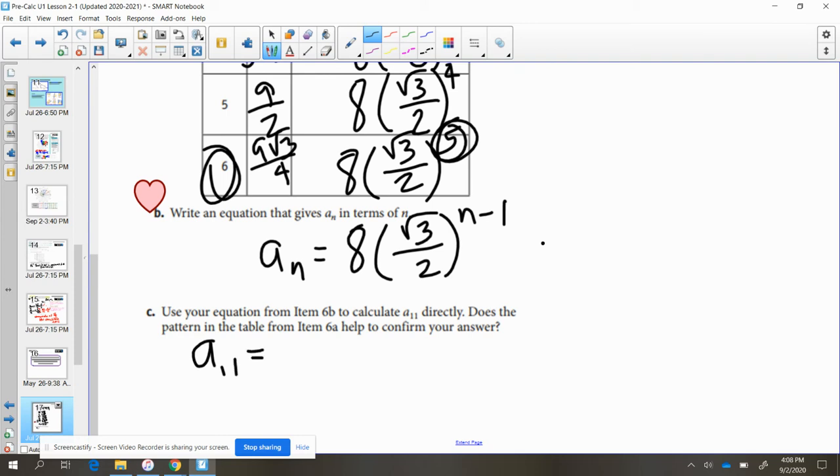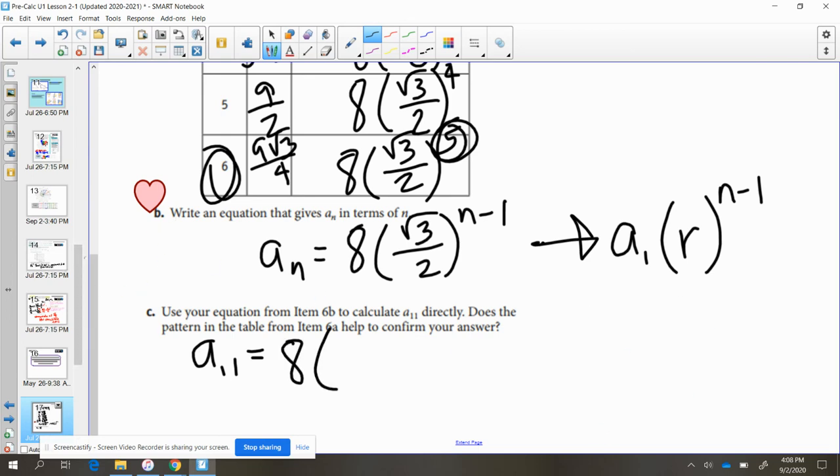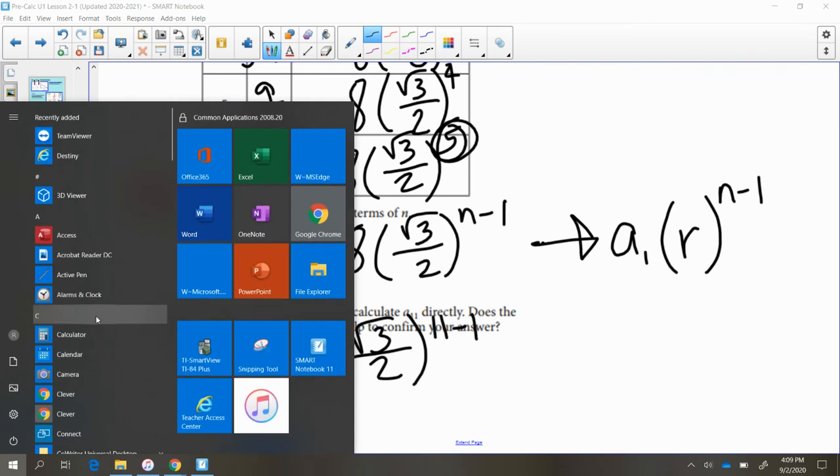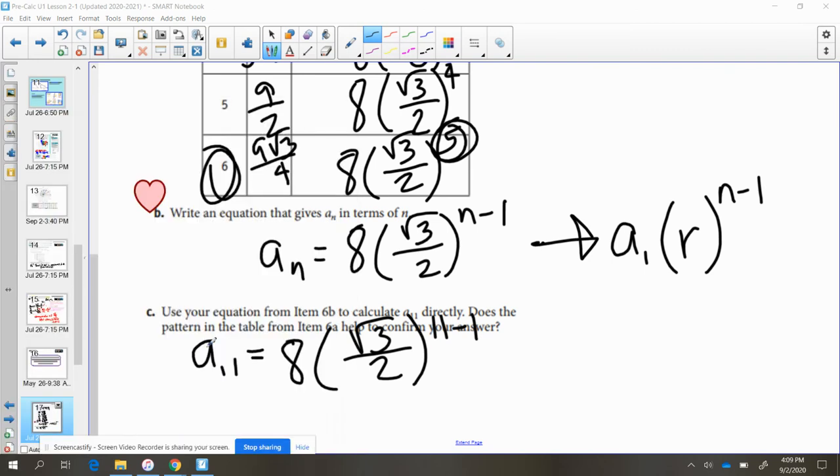Well, plugging into our new formula, if we generalize this a little bit, we're basically saying that we want the first term times our ratio to the n minus 1 power, which we will talk about a little bit more in the next lesson to begin. But we're going to take 8. We're going to take the square root of 3 over 2, and we're going to take it now to the 11 minus 1 power, which we can then press into the calculator and check.